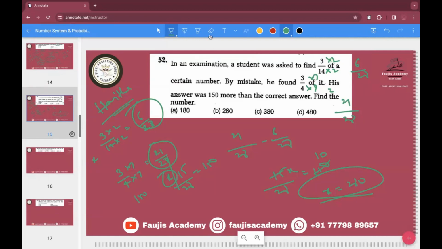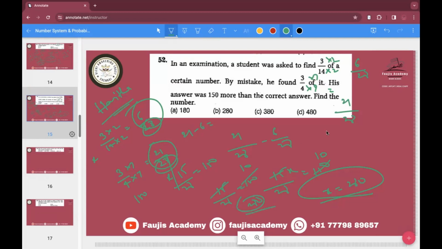Are you with me? Are you guys getting it? Yes, sir. Just match the denominator. You get 15 by 28 is equal to 150. That means this is 10 times gone, 280 is your answer.